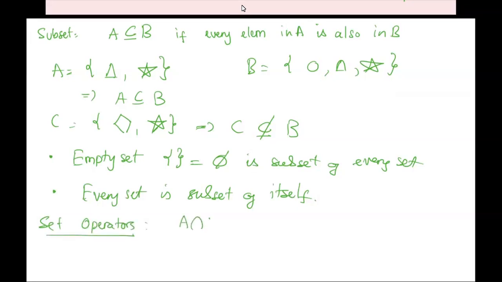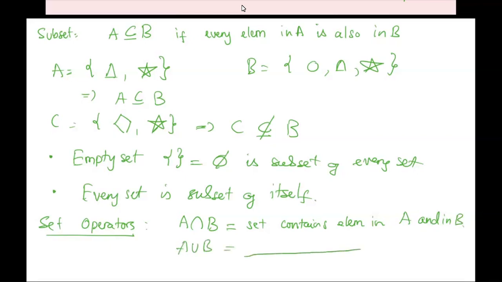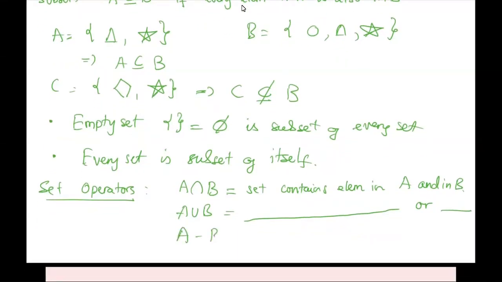The first one is intersection. A intersect B would result in a set that contains elements in A and in B. The union would produce a set that contains elements in A or in B. The minus side, the difference operation, would contain elements in A and not in B. The last one is the complement.